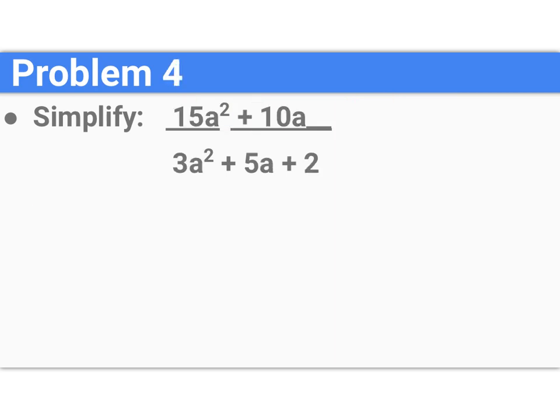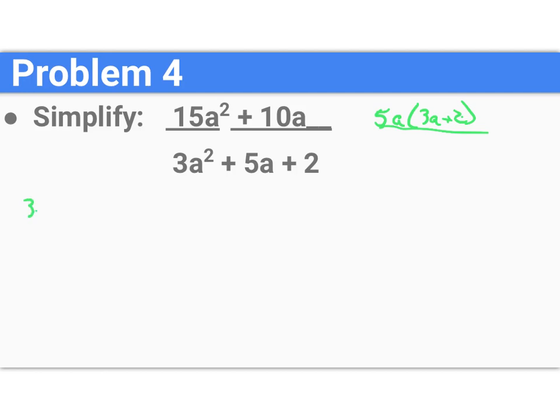Okay, so the final problem. All right, see, 15 and 10 have a common factor of 5. So let's take out 5a. That leaves us with 3a plus 2. Okay, so this gives us a hint about the second one.